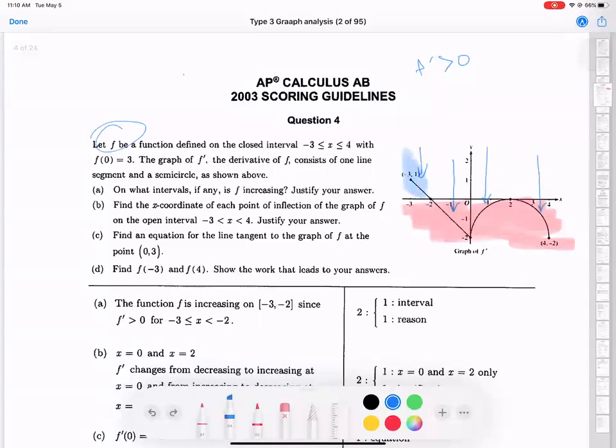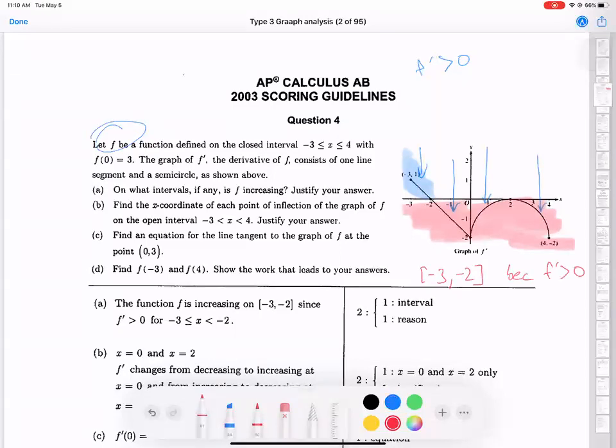So it is increasing from -3 to -2. Right? And you have to state the reason why, because f prime is greater than 0.